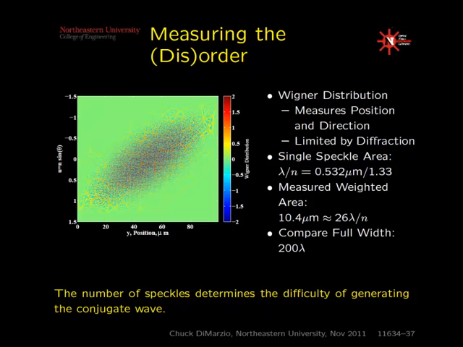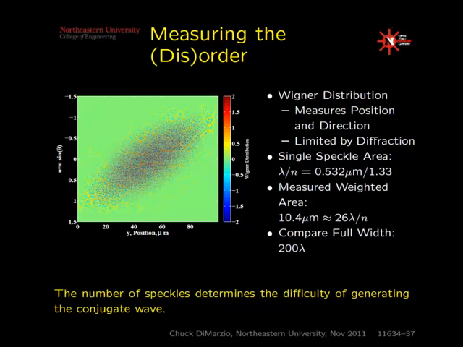If there were no scattering, if we were looking at a diffraction-limited wave, the width of this in the vertical direction would be inversely proportional to the width in the horizontal direction. Okay? By diffraction theory or by the uncertainty principle from quantum mechanics. So an area in here corresponding to 1 lambda over n represents 1 speckle.